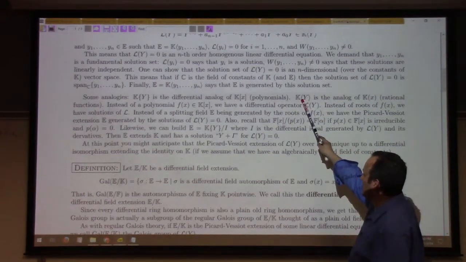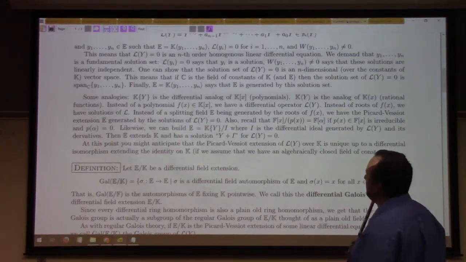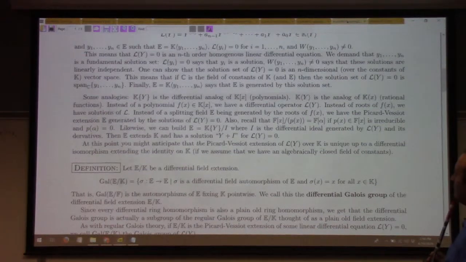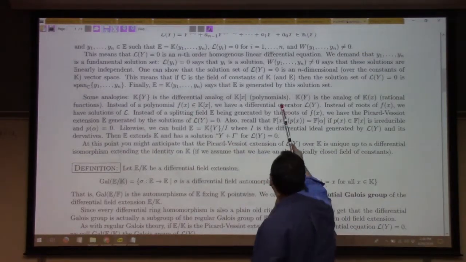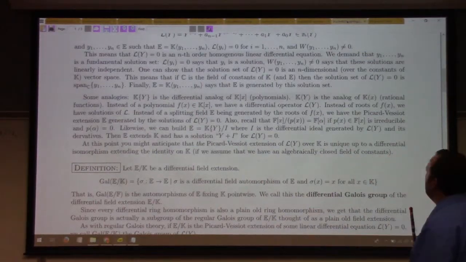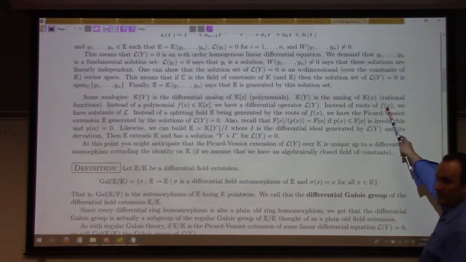This is the differential field with y in it. Instead of a polynomial, we have a differential operator. So a polynomial in here gets replaced with a differential operator. And instead of having roots, a root is something you plug into the differential operator that makes it 0.